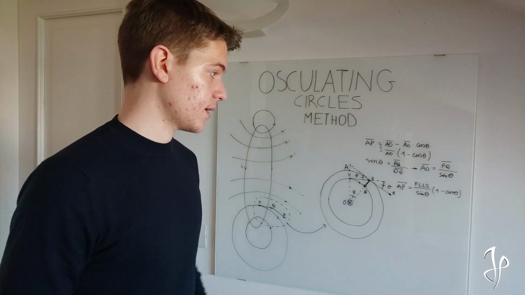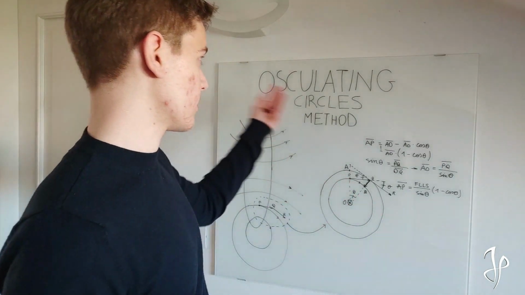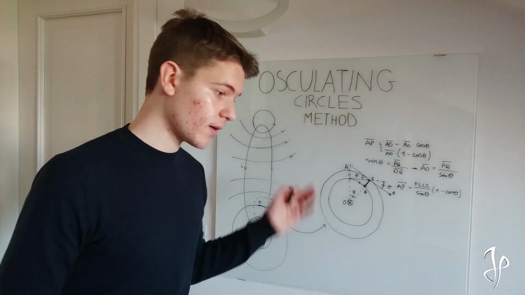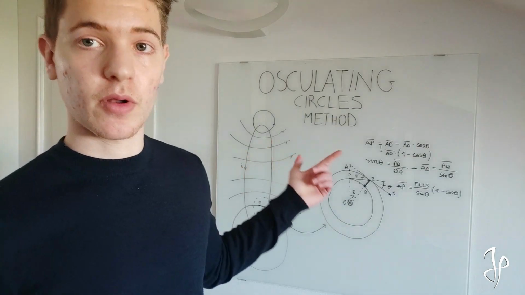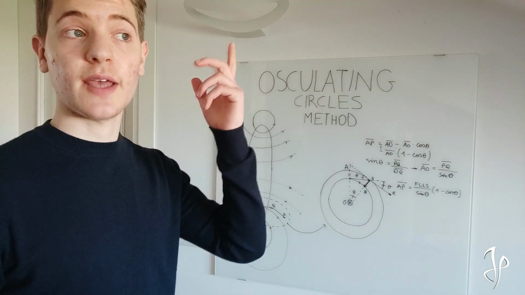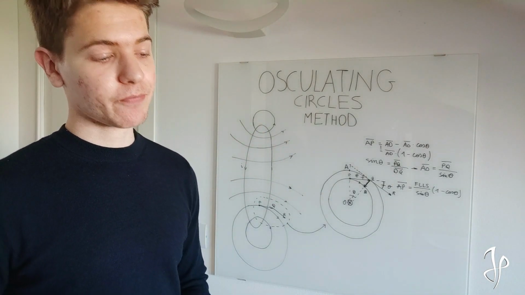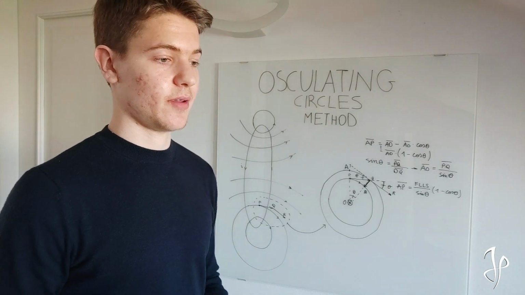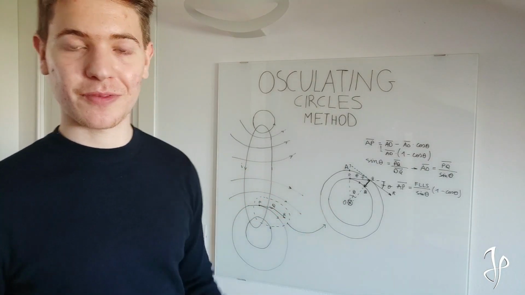So this is actually the essence of the project. So I called it the Osculating Circles method because clearly it has a lot in common with the osculating circles idea, which of course belongs to another field, but it has a lot in common with this system.